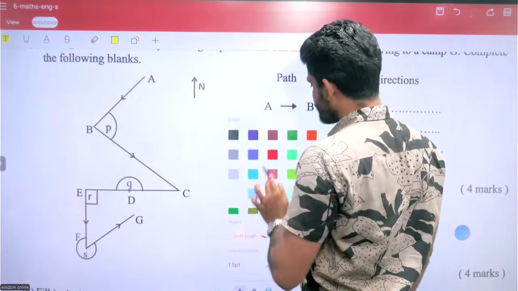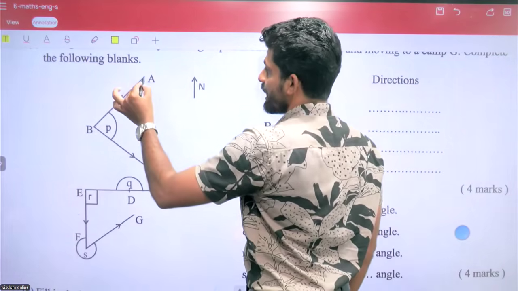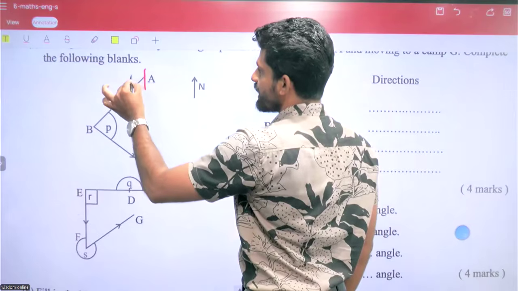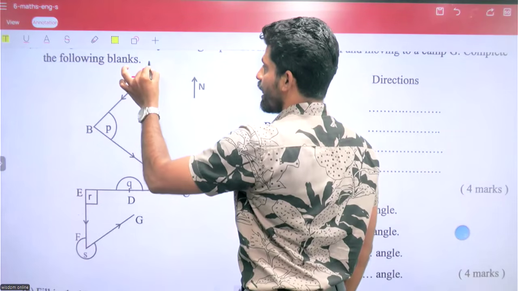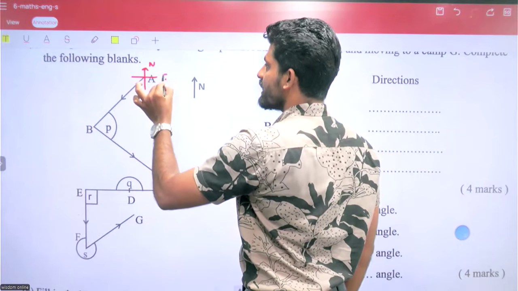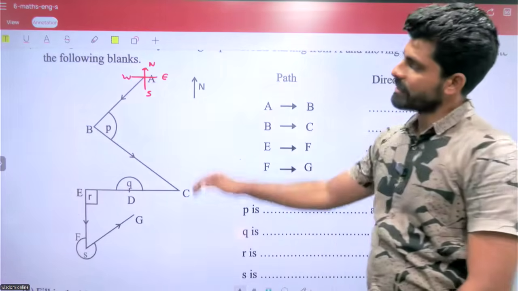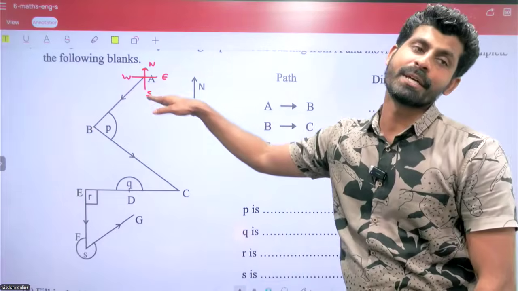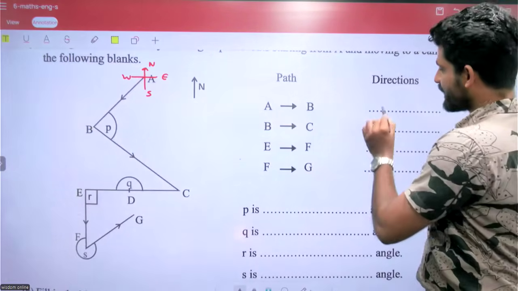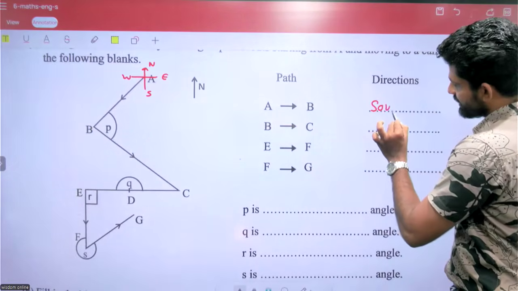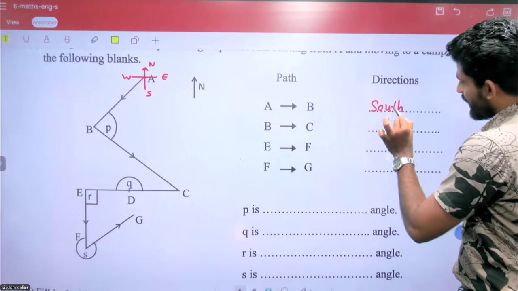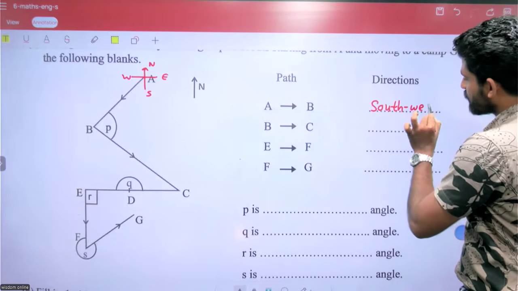How to change the color, right? Main directions: North, east, south, west. So what is the direction? A to B is southwest.